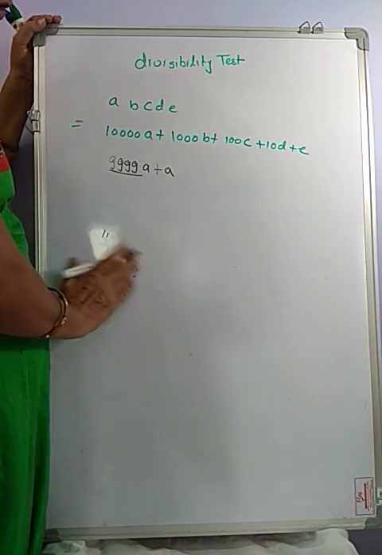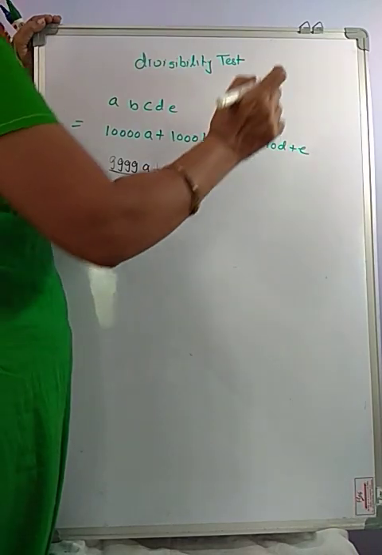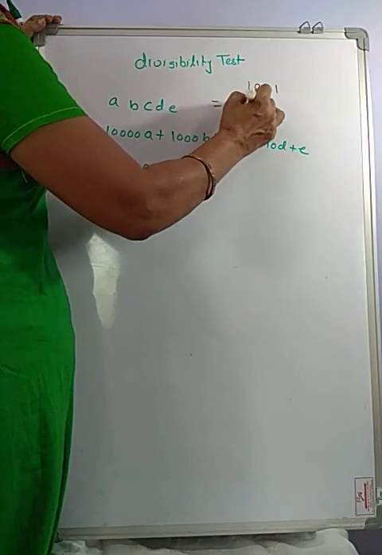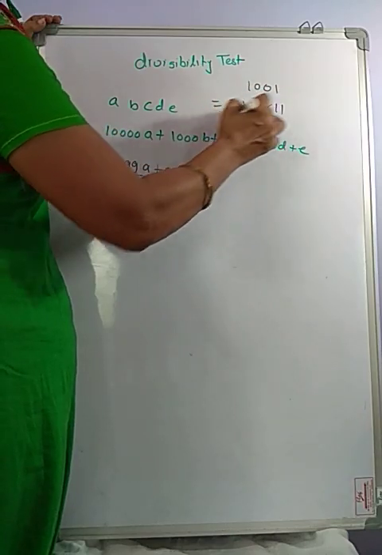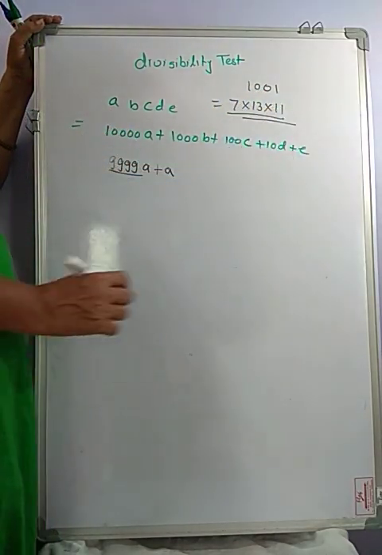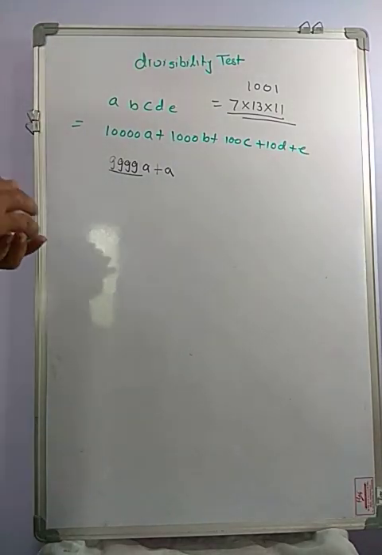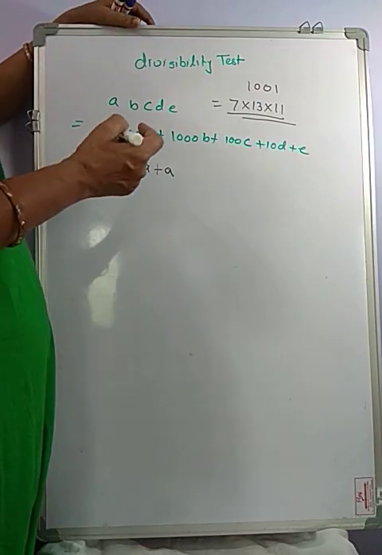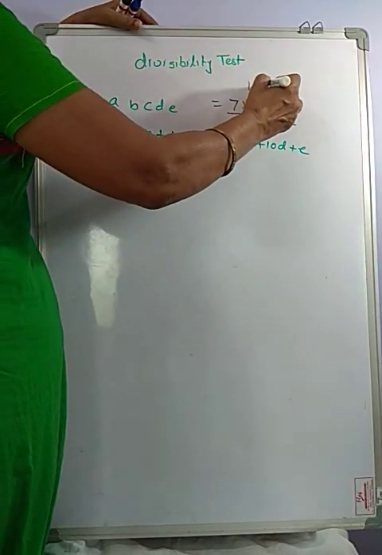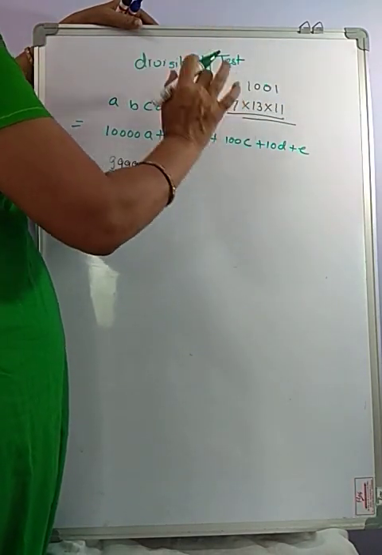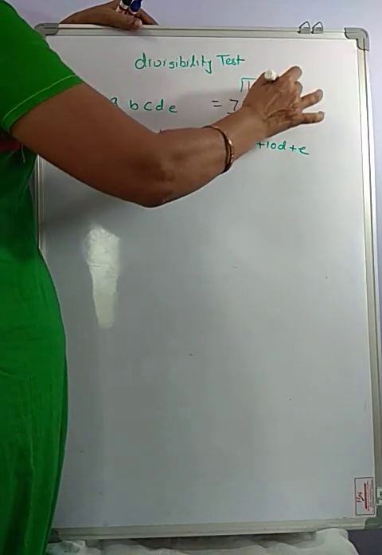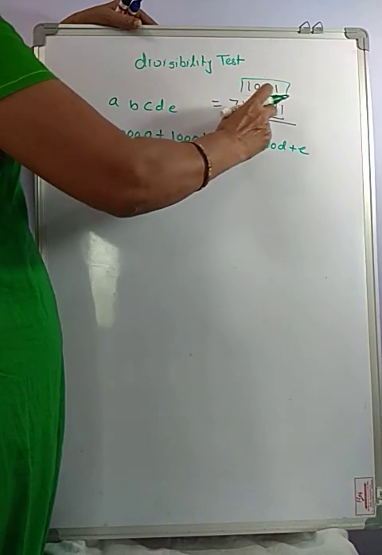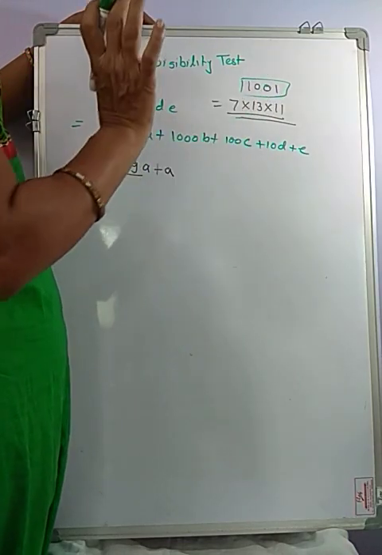So what could be the next number? Here is the funny number you must be knowing: 1001 is equal to 7 into 13 into 11. There are many funny jokes or tricks using this number. One must remember this number all the time. That is, the factors of 1001 are 11 into 7 into 13.